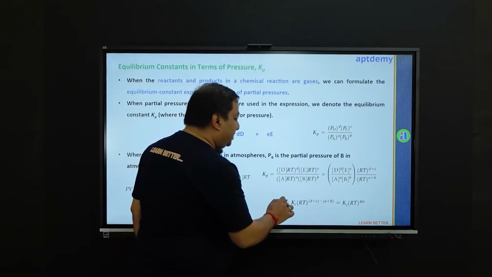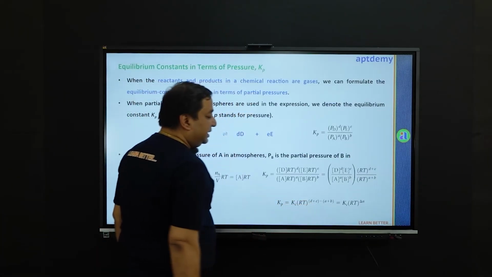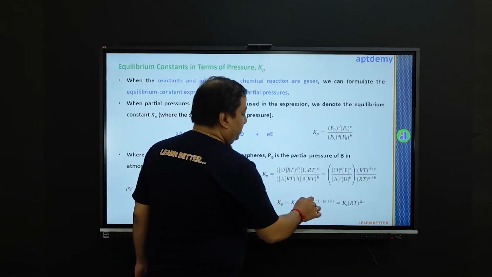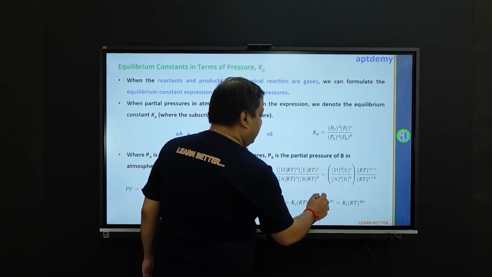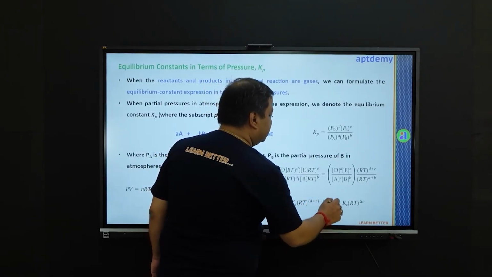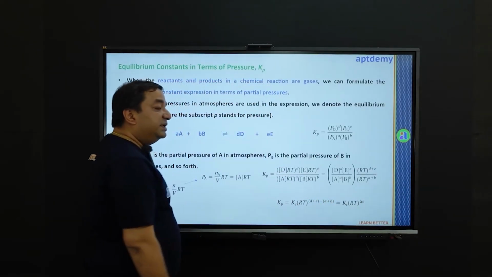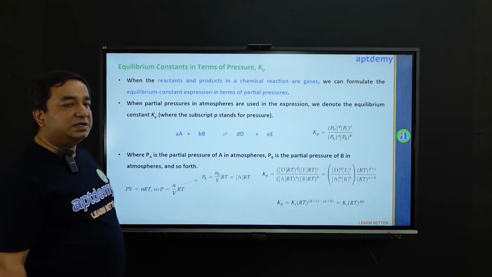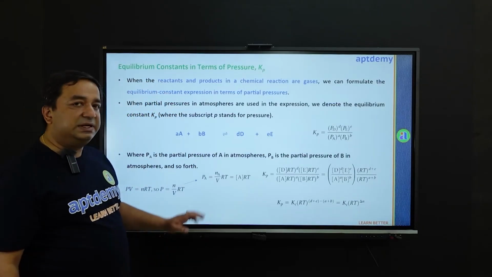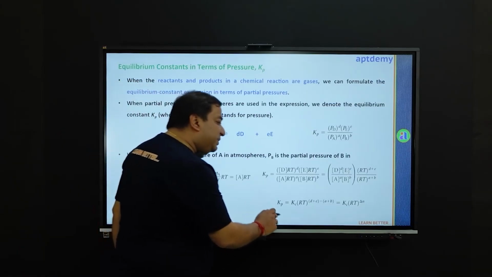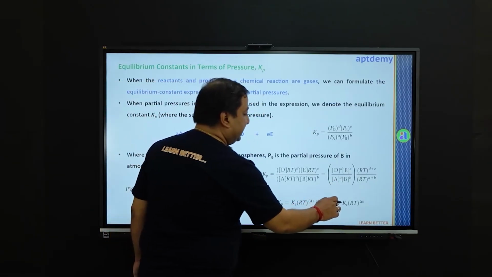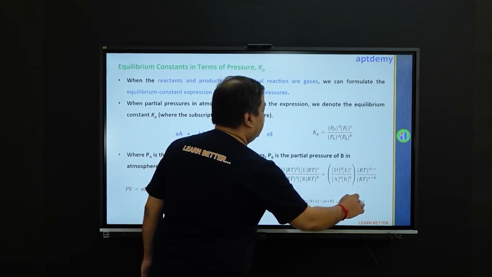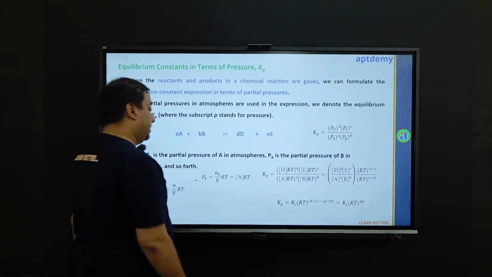So we'll write Kp equals Kc RT, and as I have told, d plus e within parenthesis minus a plus b within parenthesis is equal to the difference in the number of moles of the products and reactants. So that is written as delta n. So now Kp can be written as equal to Kc within parenthesis RT to the power delta n.